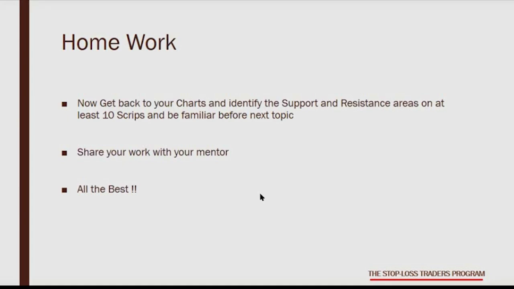Yes, Hemant. So knowing these flip zones on your chart is very important, and you should keep a watch on all those zones in your chart.